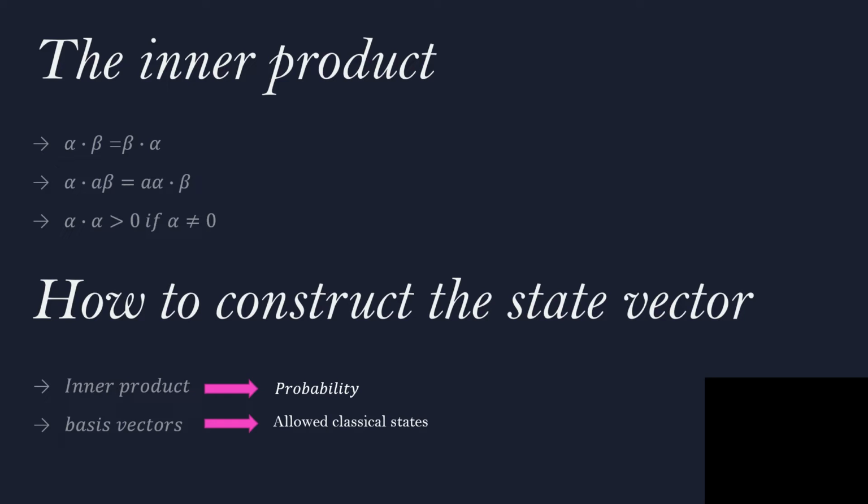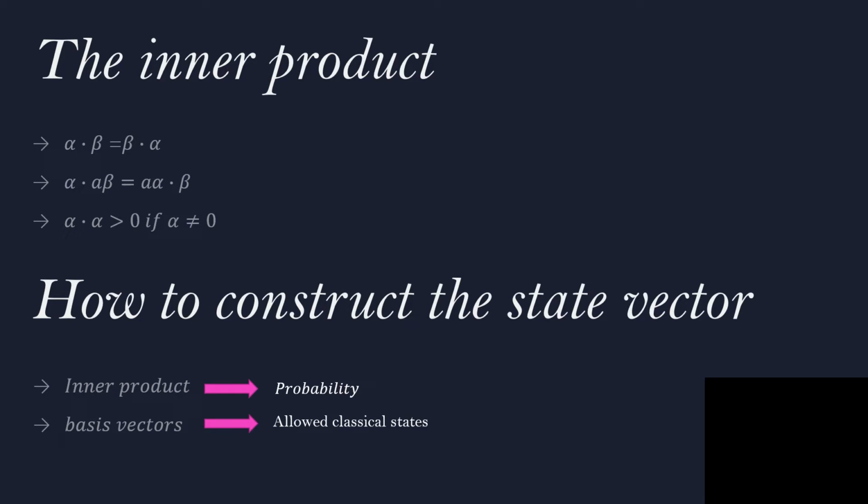Another thing that the inner product does is if we're multiplying one of the vectors by a constant, let's say a, then taking the scalar product of another vector with the vector when it's scaled by a is the same as multiplying a by the scalar product of alpha and beta. So we can take constants out of this.